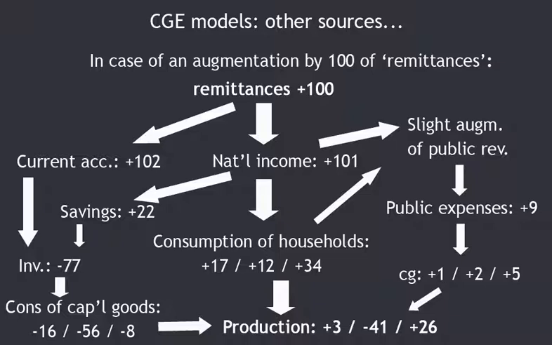The increase in the current account implies an eviction of private investment, and as this private investment is mainly composed of industrial goods, in total the production of industrial goods decreases significantly, minus 41.